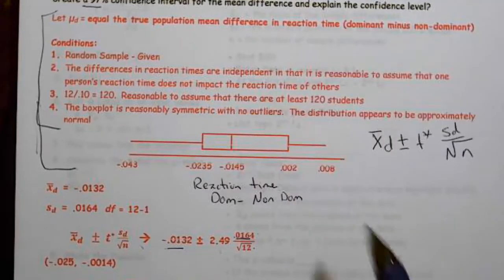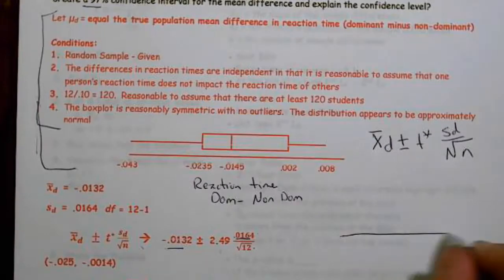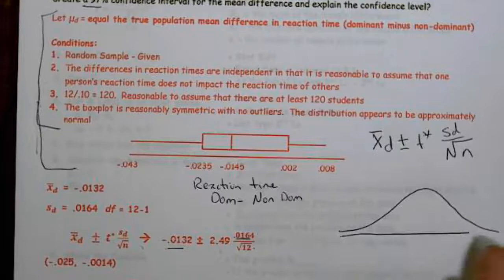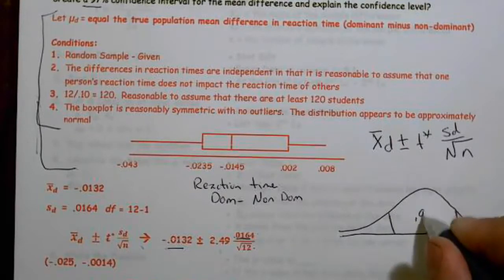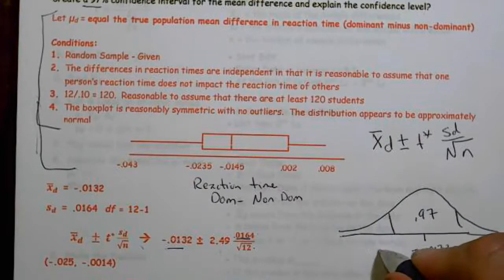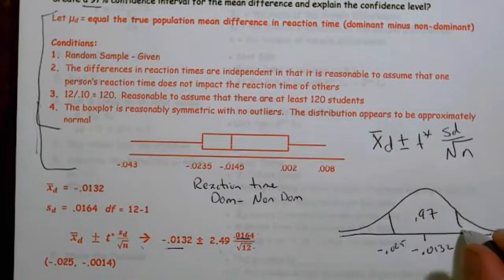So what that really means is we have a confidence interval of 0.97. It's centered on our x bar. Our x bar happens to be negative 0.0132.